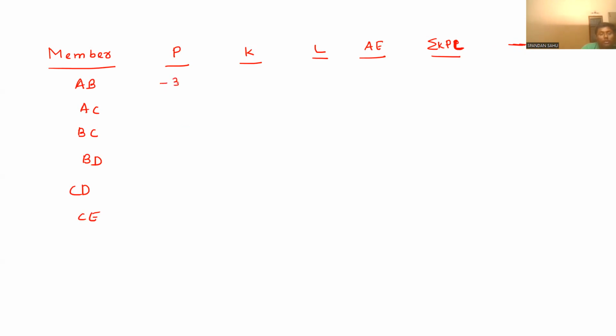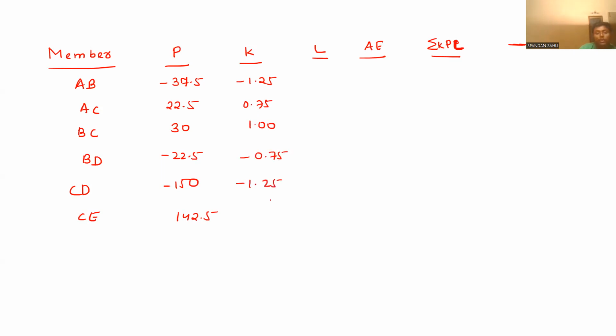So for this we got P as minus 37.5, AC as 22.5, BC as 30 kilonewton, BD as minus 22.5 kilonewton, CD as minus 150 kilonewton, and CE as 142.5 kilonewton. And we got K as minus 1.25 unit, 0.75 unit, 1.00 unit, and for BD it is minus 0.75 unit, CD is minus 1.25 unit, and CE is 1.8 unit.